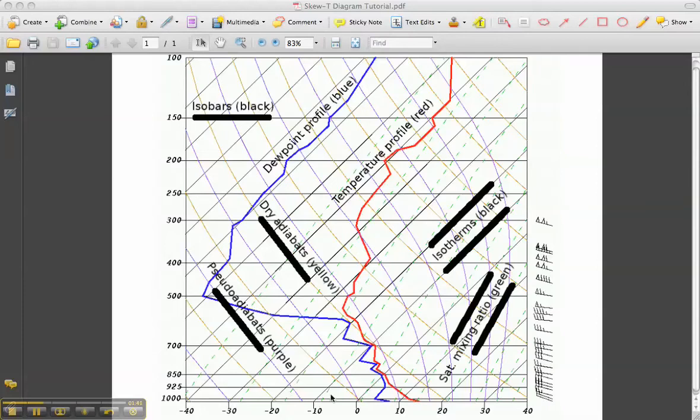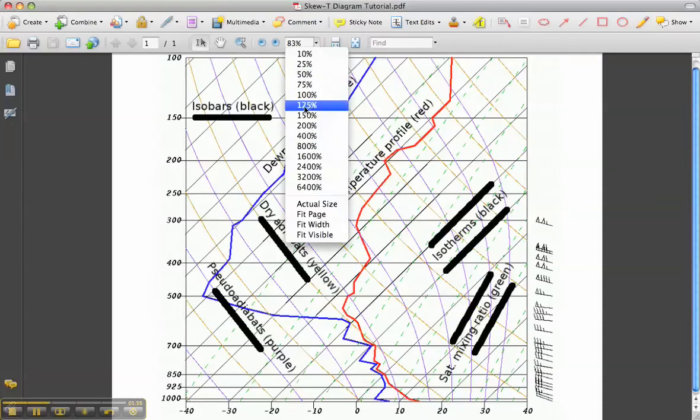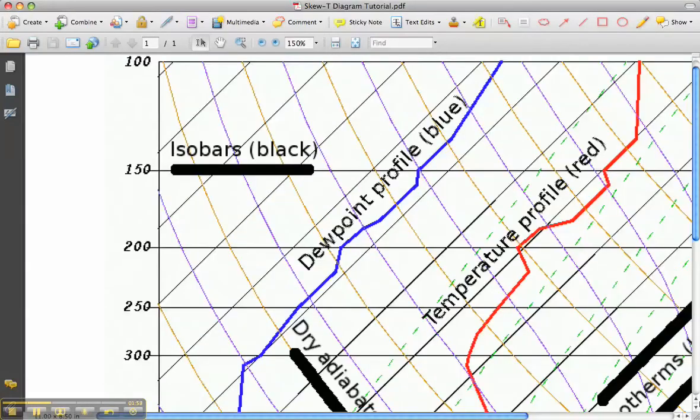So if an air parcel is dry, in other words, it hasn't reached the saturation vapor pressure curve, the air parcel will go up in the atmosphere, but it will follow these dry adiabats. Let me see if I can get in here a little bit closer to illustrate this point.